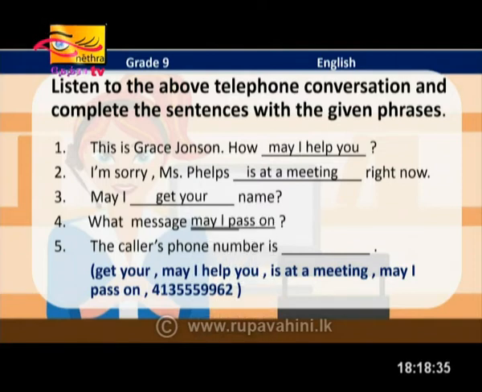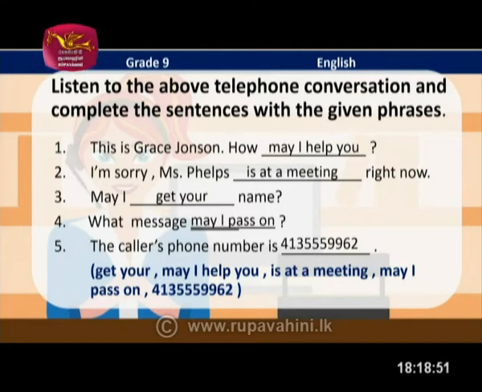What message may I pass on? And the caller's phone number is 413-555-9962. So this information we have taken by listening to the telephone conversation we have played for you earlier.